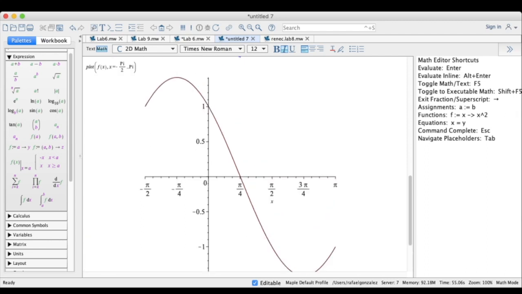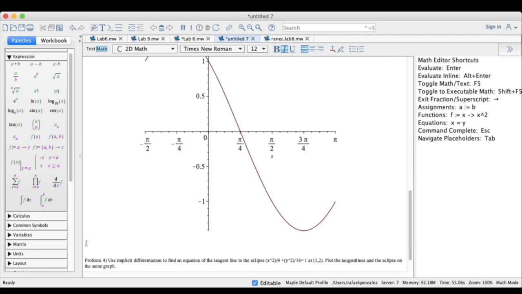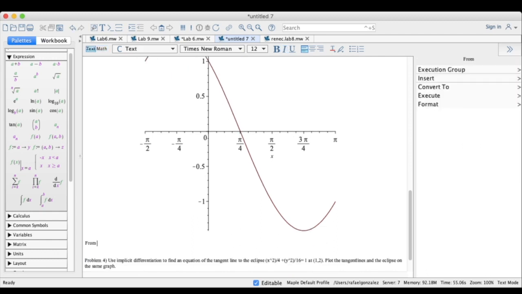intermediate value theorem, from negative pi over 2 to negative pi over 4, so let's write this down, from negative pi over 2 to negative pi over 4, the function f is increasing.